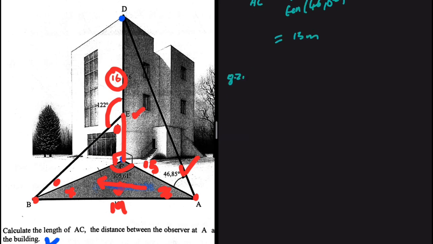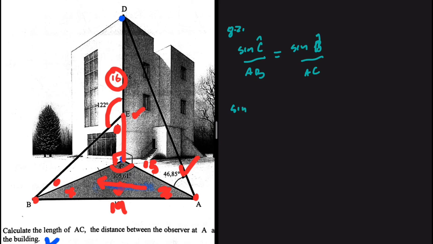So we want to start by finding the size of angle B. We're going to say sine of angle C divided by AB is equal to sine of B divided by AC.